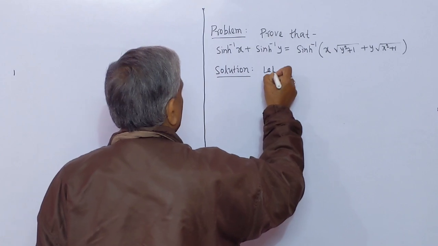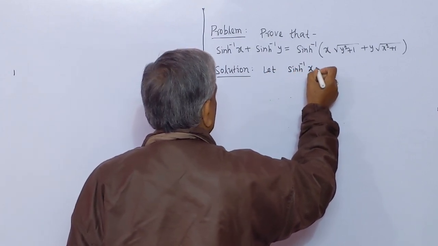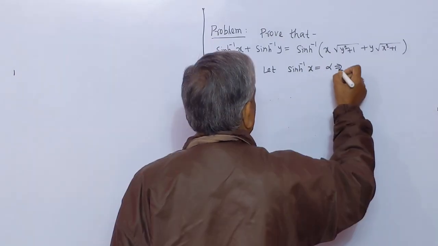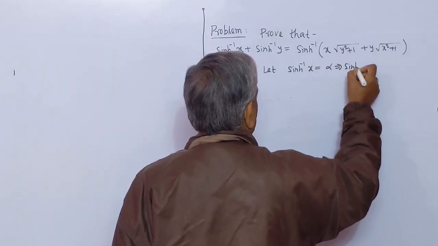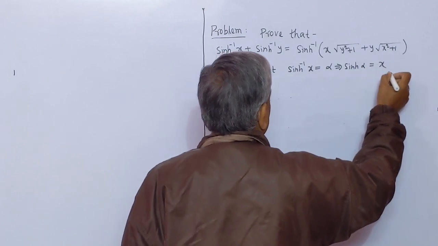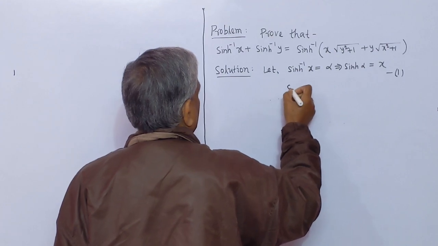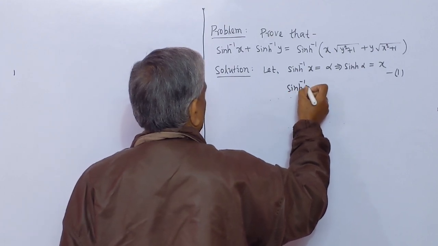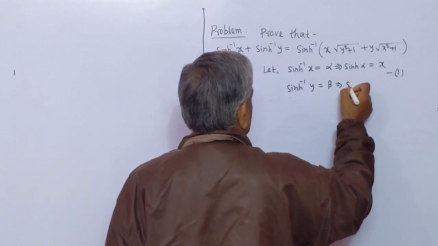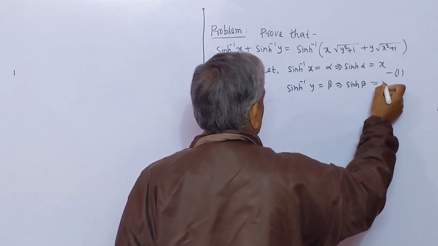Let sinh inverse x equal to alpha, which implies that sinh alpha equals x. This is number 1. Let sinh inverse y equal to beta, which implies that sinh beta equals y.